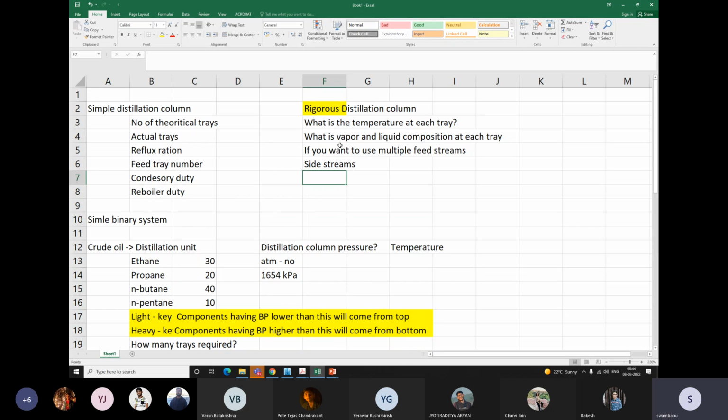But in the rigorous distillation column, it won't calculate the number of stages. You need to give the number of trays, the feed tray location, and the pressure at the condenser and reboiler. The condenser and reboiler need to be specified.